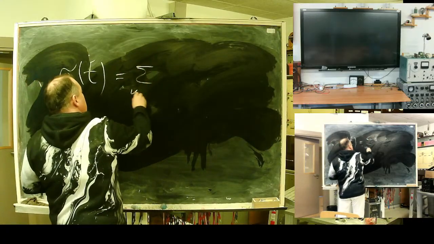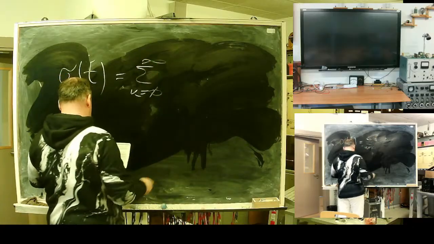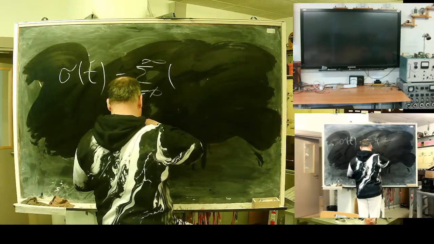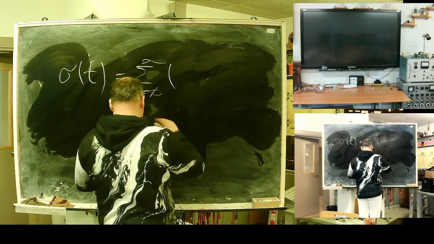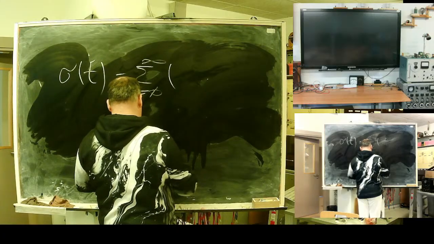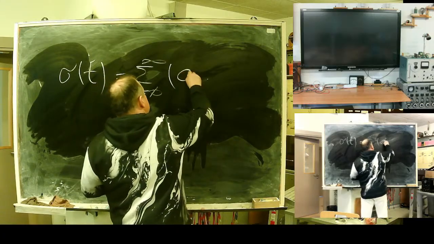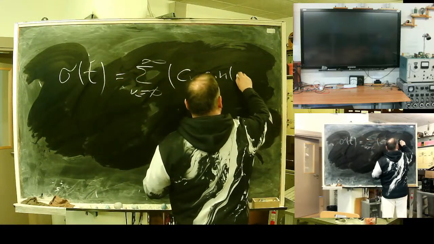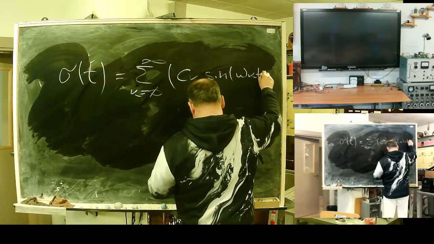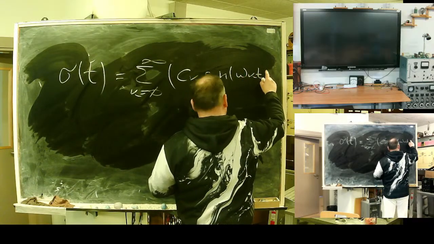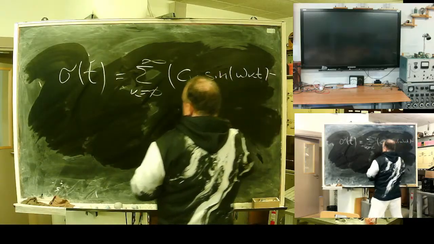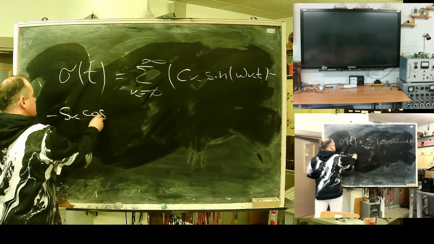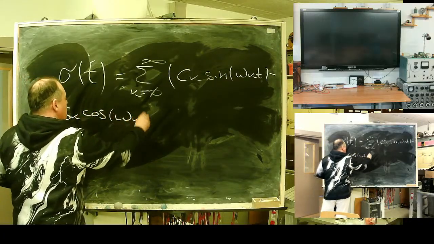It's the sum where k starts from 0 to infinity of ck sine omega k t minus sk cosine omega k t.